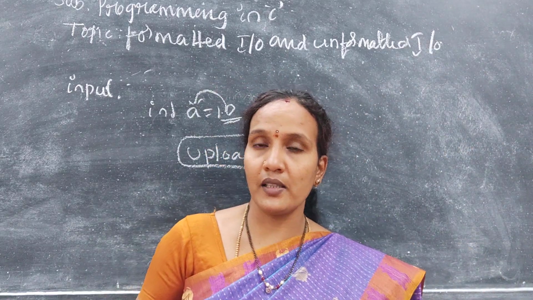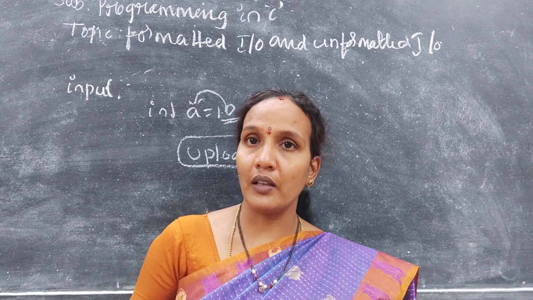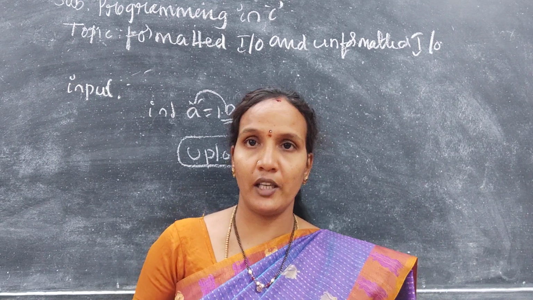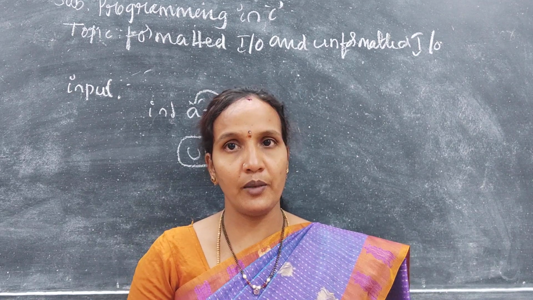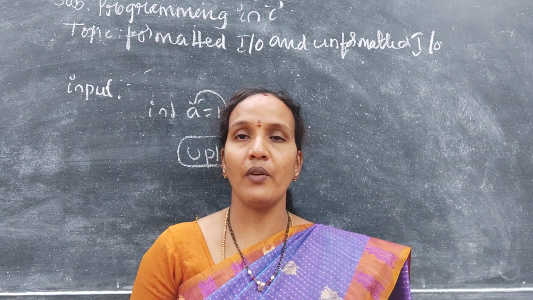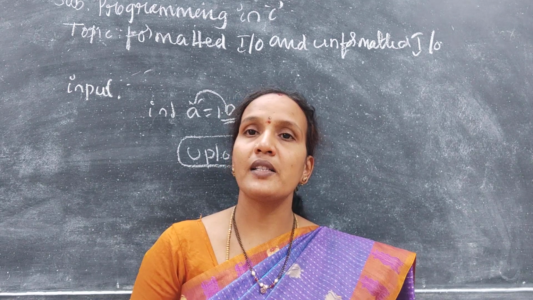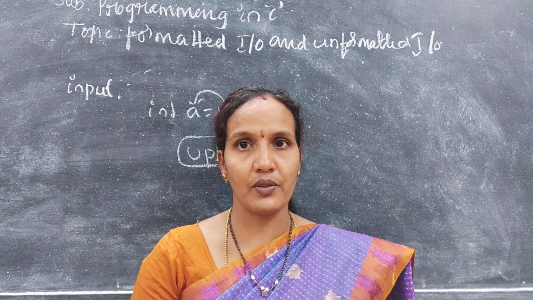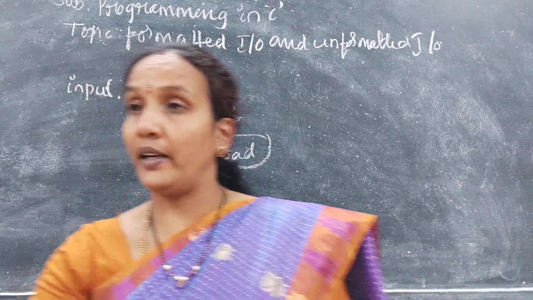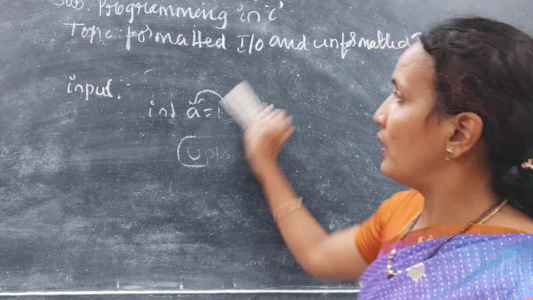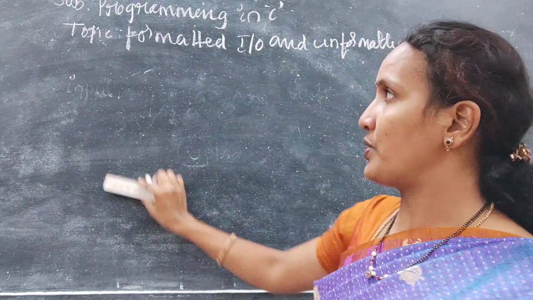In that case, what is the input? The file is the input. What you are giving is a file. So sometimes a value can be an input, sometimes a file can be an input. Understood?